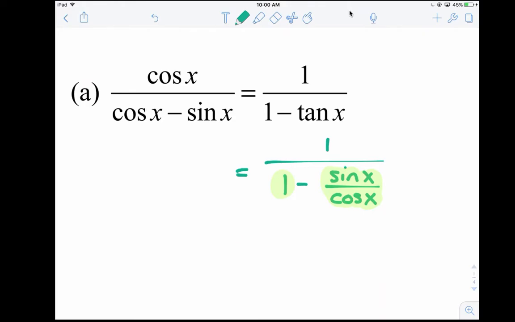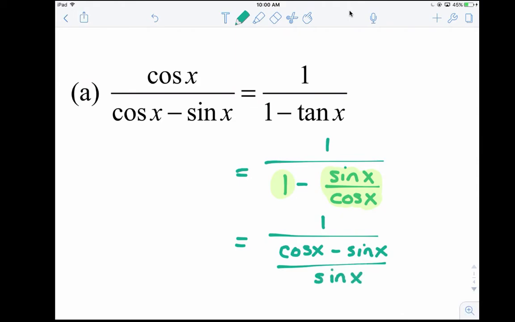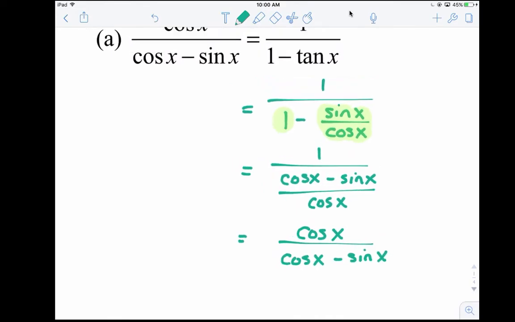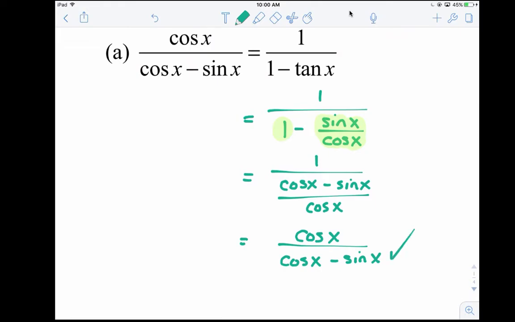So the 1 on the top is going to stay the same, and then I'm going to be left with cosine minus sine divided by cosine. And then if you just do the division, it'll turn out to be cosine divided by cosine minus sine, which is what you have on the other side there.